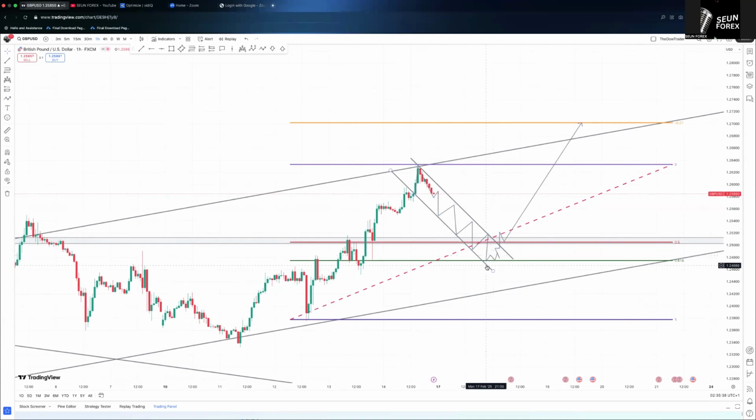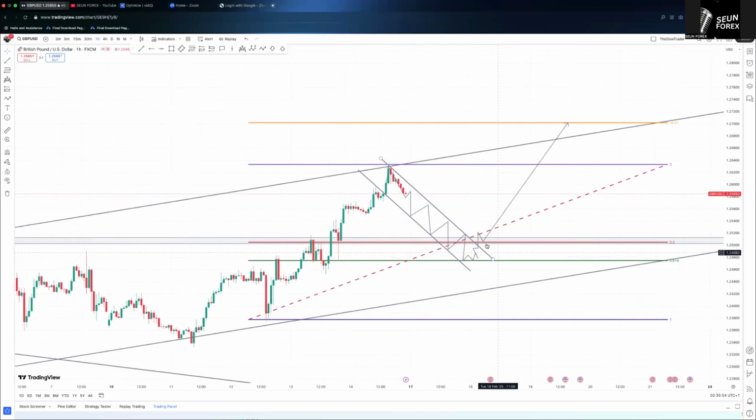If you are using candlesticks, once there is a rejection here and buying pressure candlesticks begin to show up here, this will be a perfect entry. But for trend line traders, we normally do breakout and retest. Once there is a breakout and there is a retest here, then we are good to go.